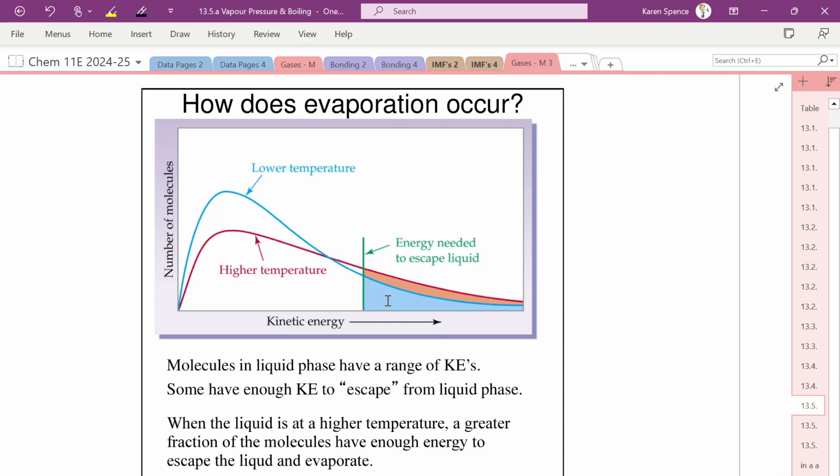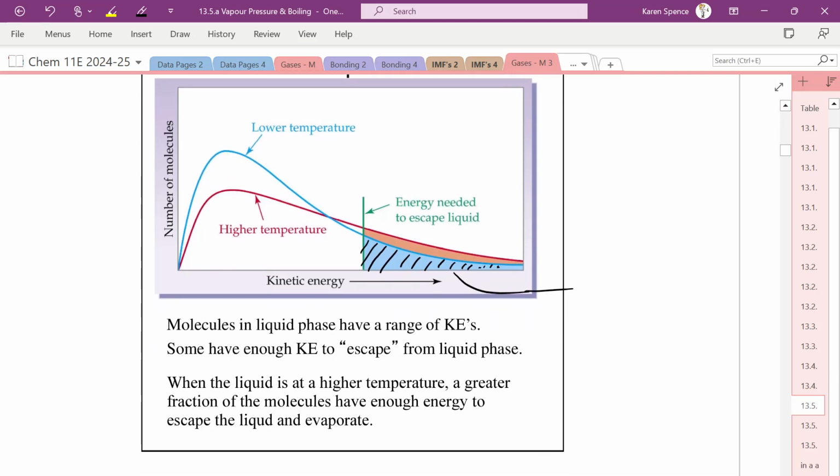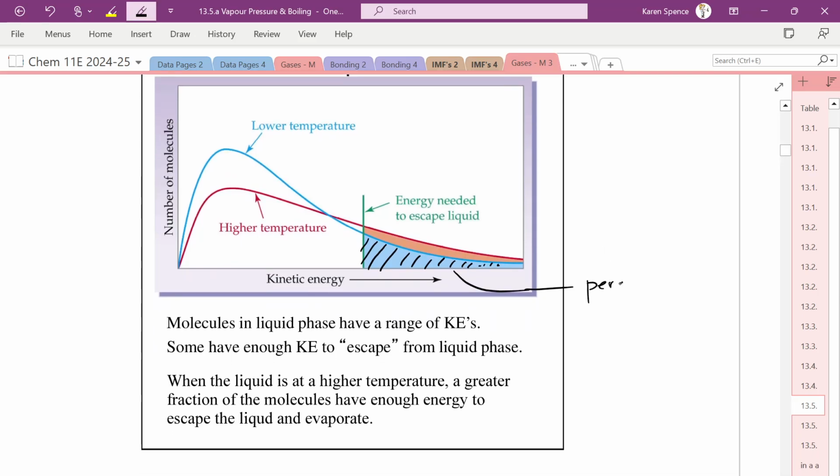At our lower temperature, and this is on page 55, that's the percent of low temperature molecules that can escape to the gas phase.